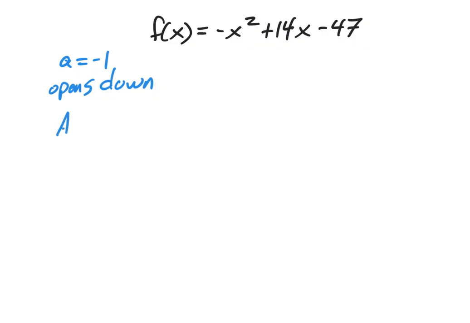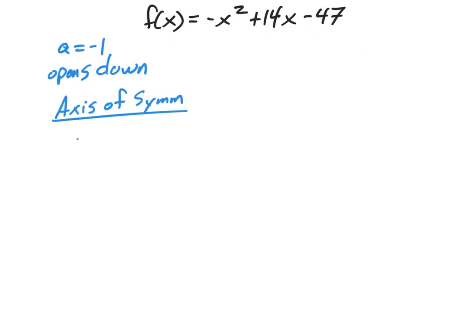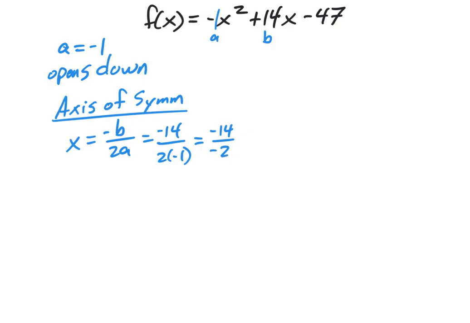The axis of symmetry. This is my A value, this is my B value. So we're going to do -14 over 2 times -1, which is -14 over -2, which would be 7.